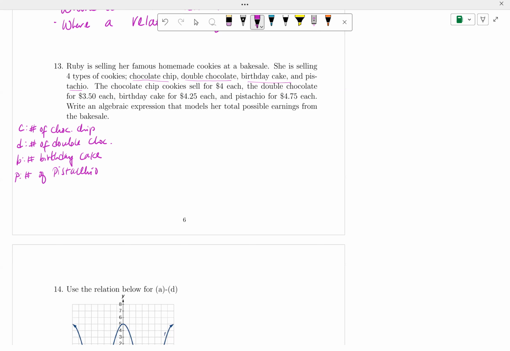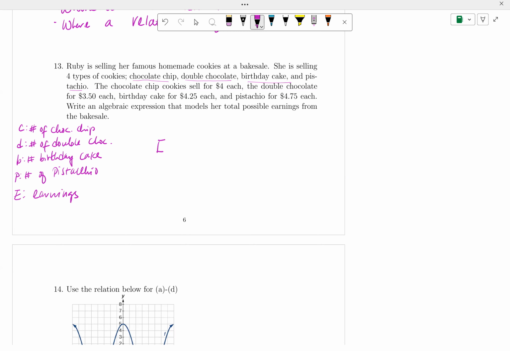So with that said, let's see if we can figure out this equation. What are we looking for? Write an algebraic expression that models her total possible earnings from the bake sale. I'll say capital E would be earnings.